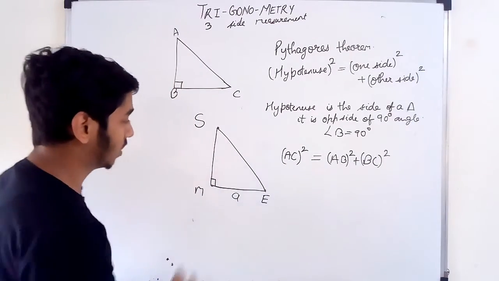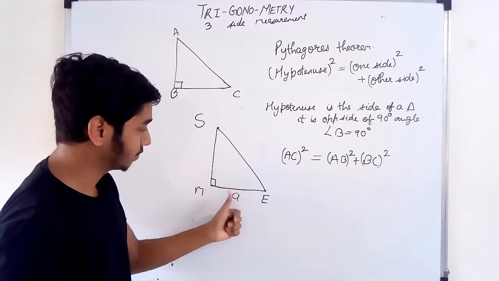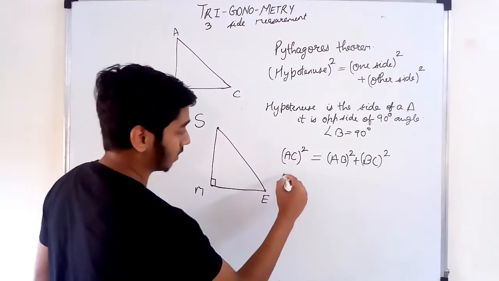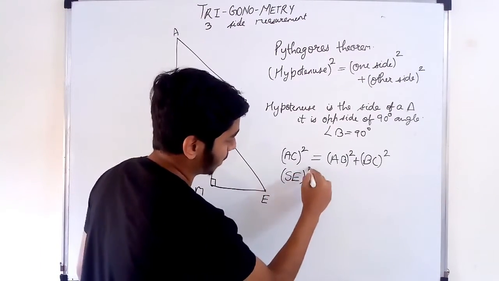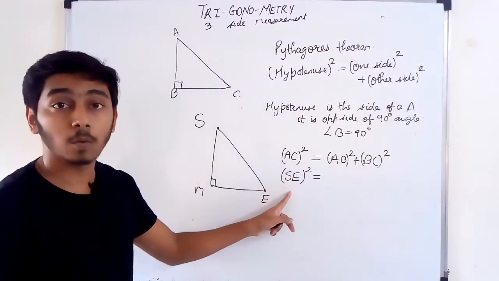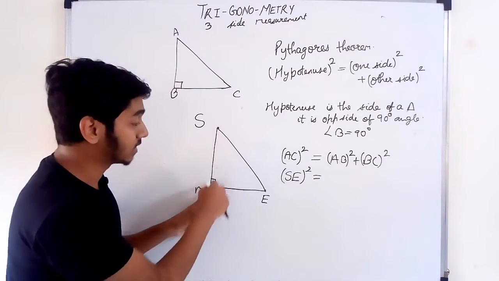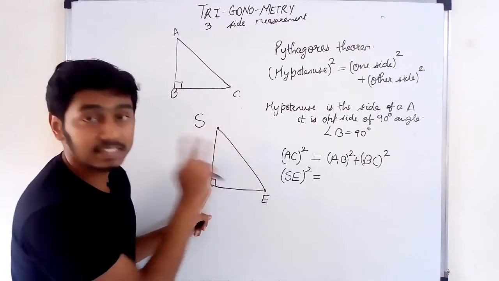If you want, we can write for this triangle also, SME. So for this triangle SME, we can say SE is the hypotenuse. Why? Because this is 90 degree, and the side opposite to 90 degree is SE.